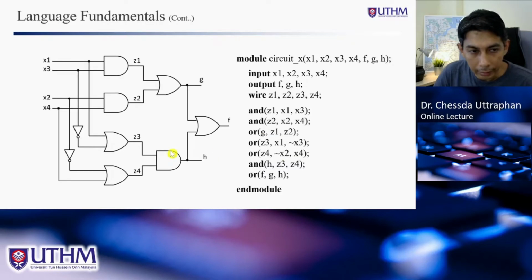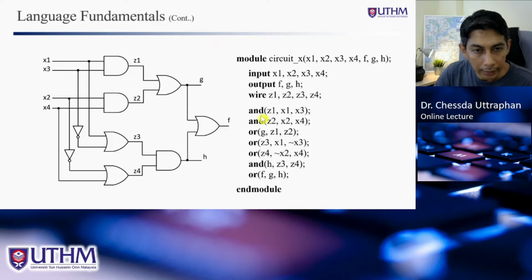This is the second example. The concept is the same, where we have circuit number 2, and the name is also circuit X. We have inputs X1, X2, X3, X4, and the outputs are F, G, H. We have internal wires Z1 to Z4: Z1, Z2, Z3, Z4.